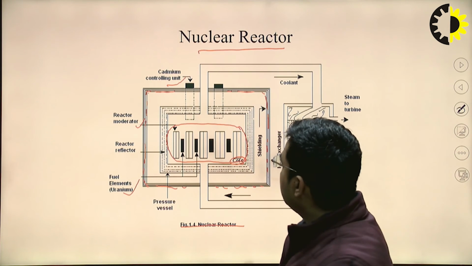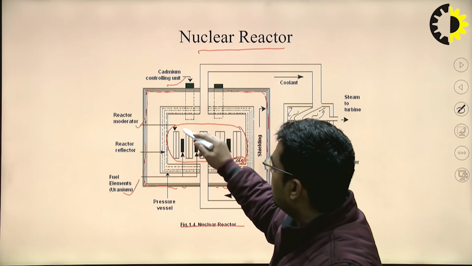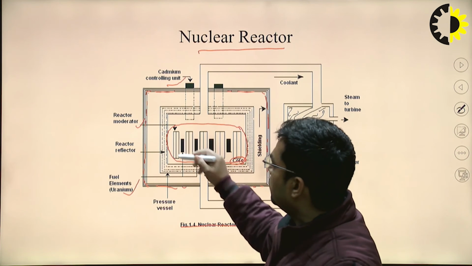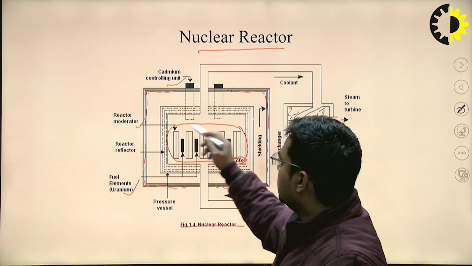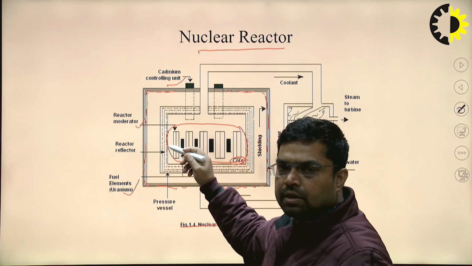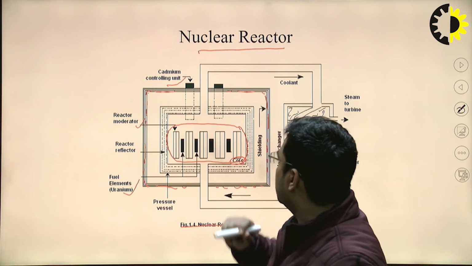So four things we install inside the core. The place where we put them in a nuclear reactor is called the core.